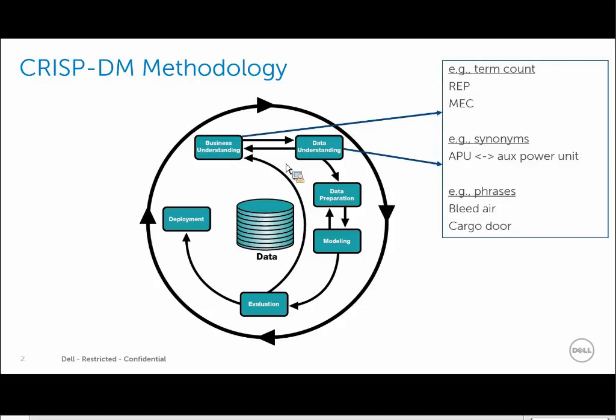So what we found is, for instance, as we went through, oh my goodness, look at this high count for these terms, REP and MEC. Then we went back and looked at the data, and REP just meant the problem was reported by so-and-so, and MEC was the mechanic ID, or the mechanic who wrote the note. So all of a sudden it was like, oh, we thought we had something very meaningful, but we didn't.